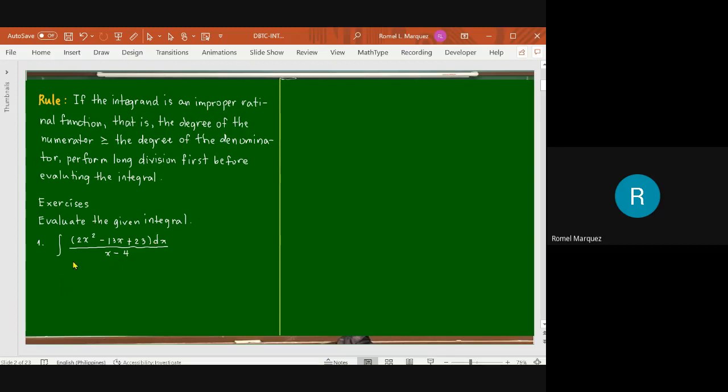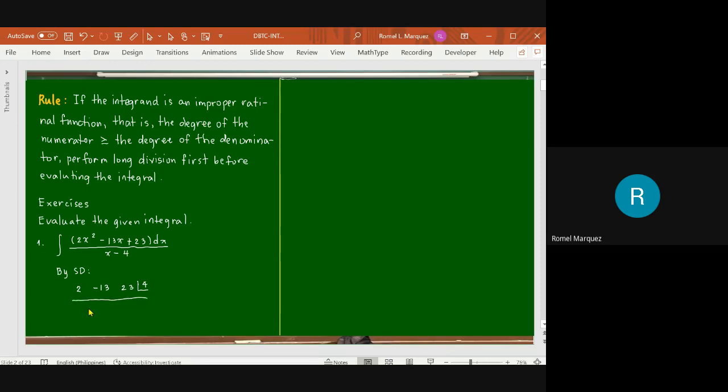Now, since this is improper, what's the rule? You're going to perform long division first. You can apply synthetic division, or long division if you want. By synthetic division, we have 2, negative 13, positive 23. Our multiplier is 4, opposite to the constant in the linear denominator.